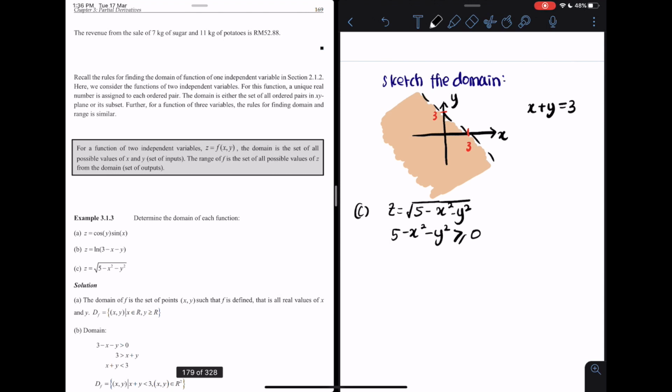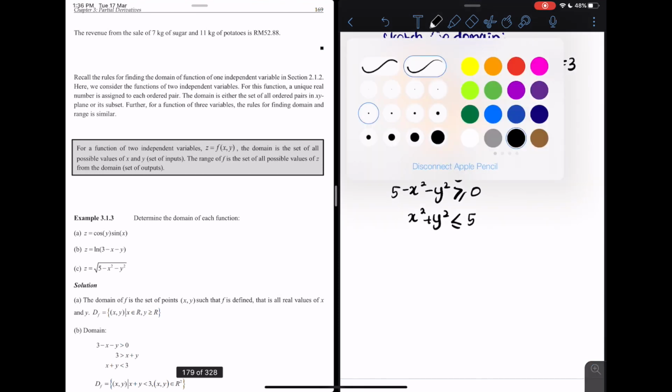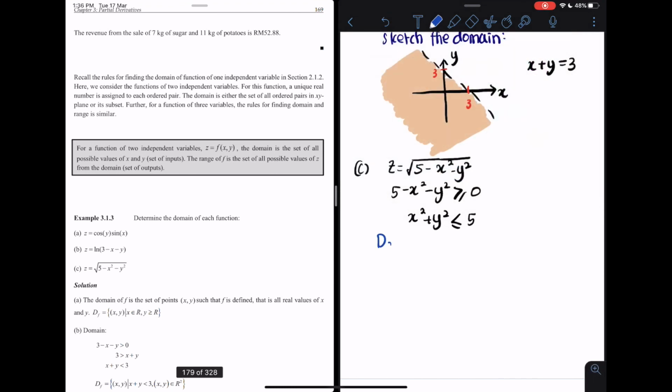Then, recalling the inequality properties, I get x squared plus y squared less than or equal to 5. You should present it in the correct way: domain of function f is the set of all possible values (x, y) such that x squared plus y squared less than or equal to 5.